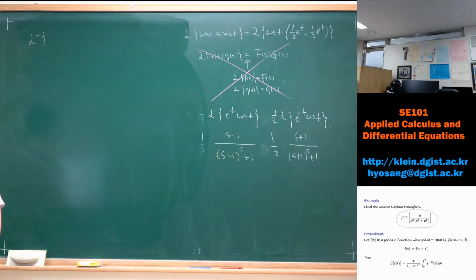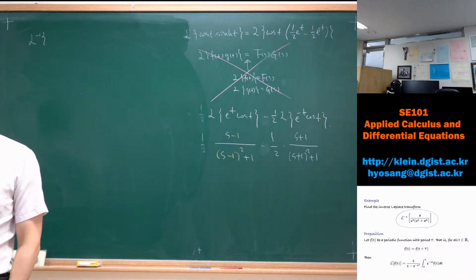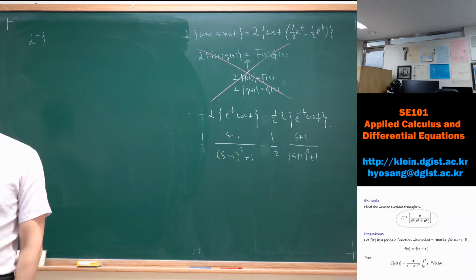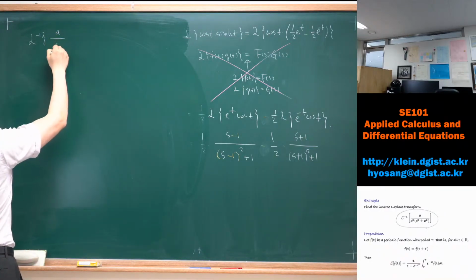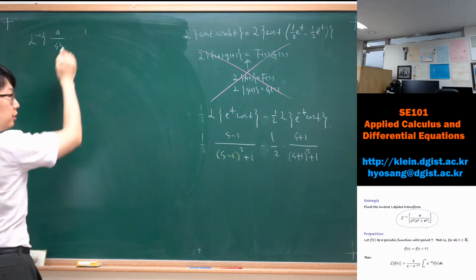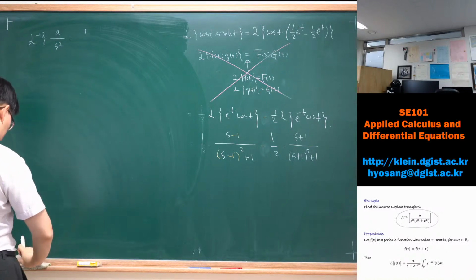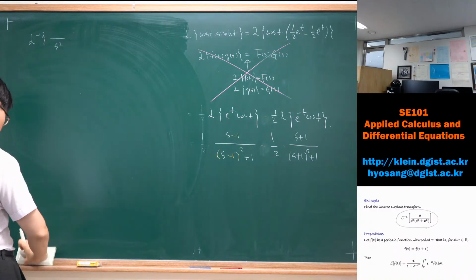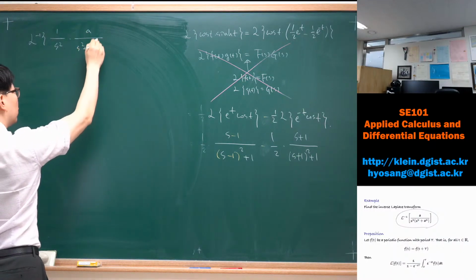You might notice that this is a product of two functions, or you can split it into two functions. Similar to the Laplace transform, the inverse Laplace transform also has several methods. So you can use, let's say, 1 over s squared times a over s squared plus a squared.